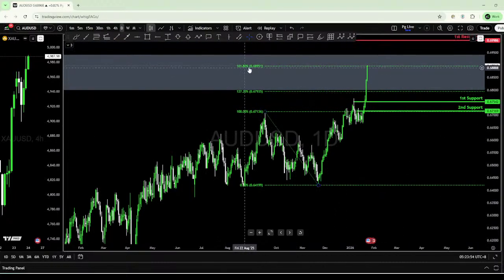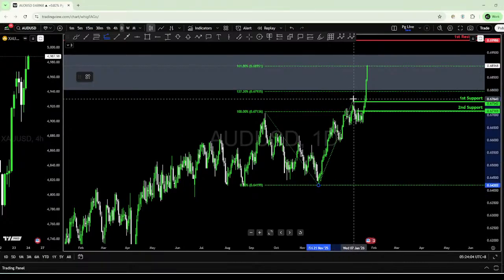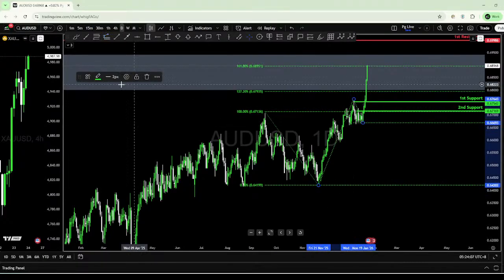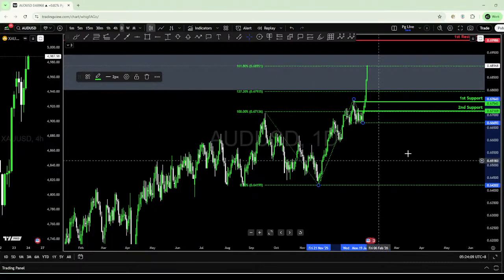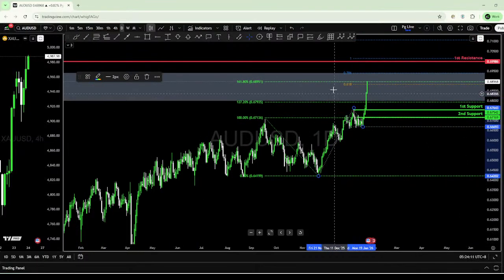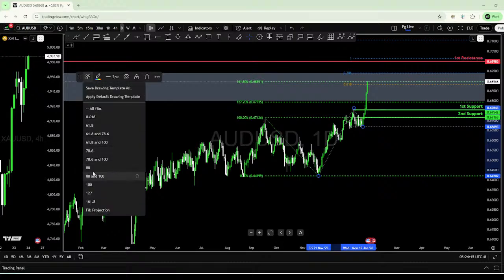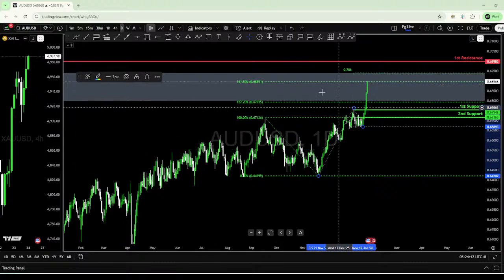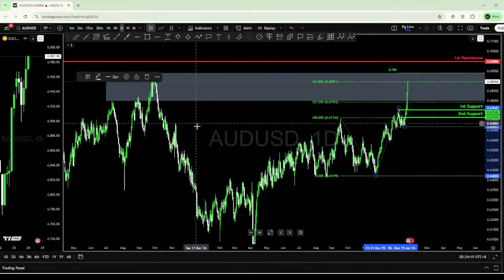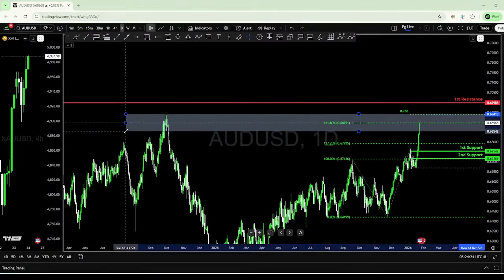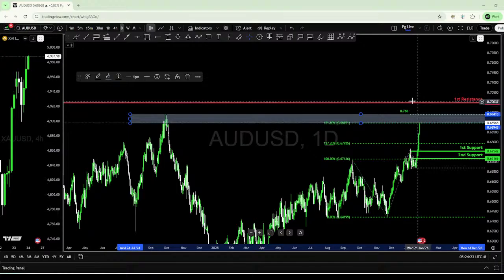You see that it's at my Fibonacci extension already, somewhere around the zone. So that will be the Fibonacci extension with the supply zone plus 78.6%. If you want to narrow the zone, it will be this one.